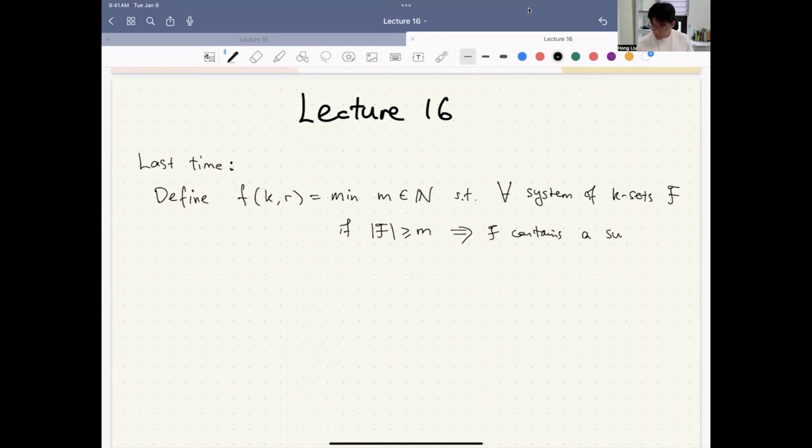In this language, Erdős and Rado basically proved that f(k, r) is at most k! (r-1)^(k+1).